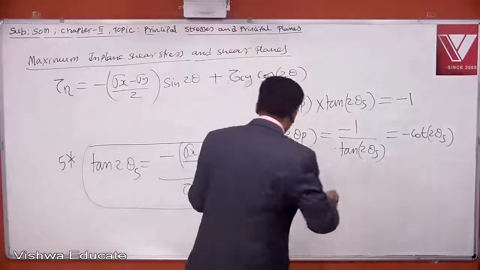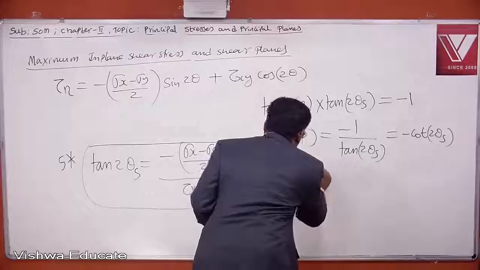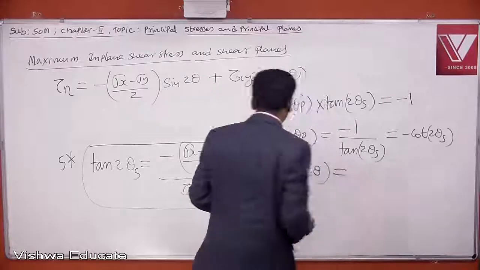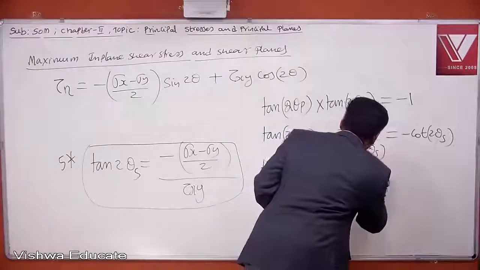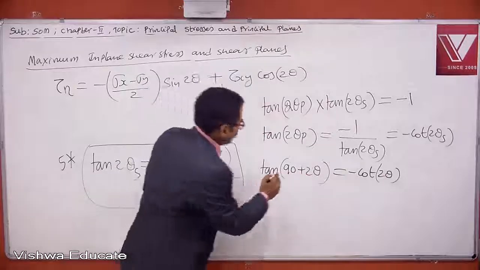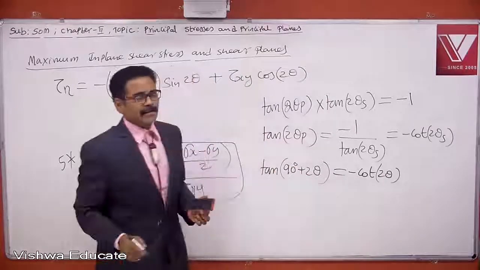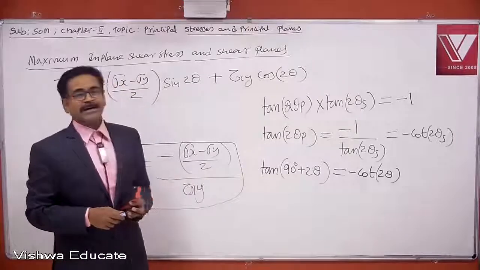Now, a small thing here. What is tan(90 plus 2 theta)? Everybody may know, tan(90 plus 2 theta) is equal to minus cot 2 theta.